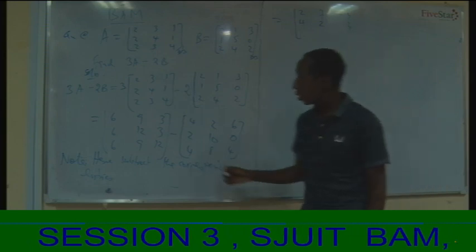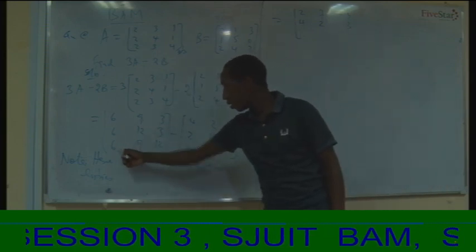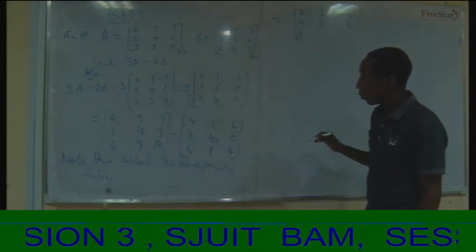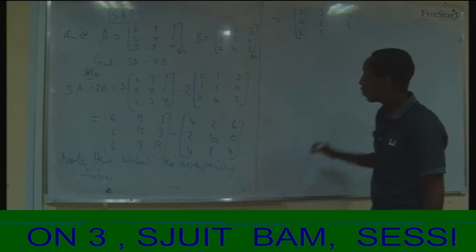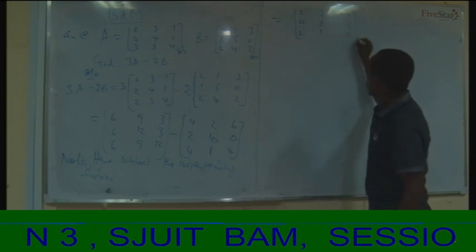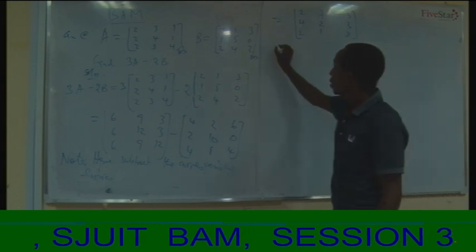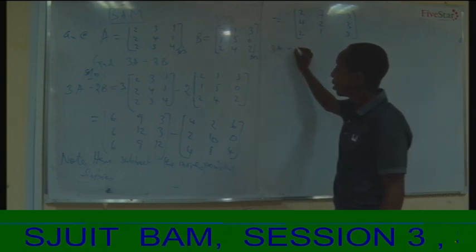The last row, 6 minus 4 is 2, and then 9 minus 8 is 1, 12 minus 4 is 8. So this is the matrix that we need. That is 3A minus 2B.